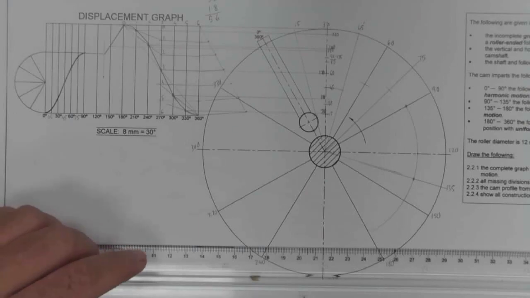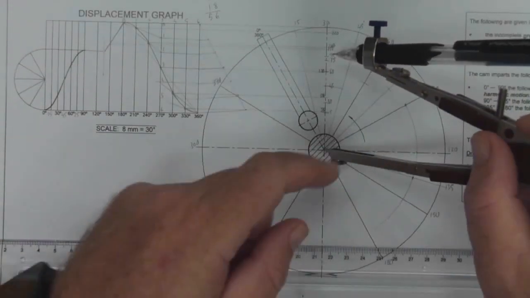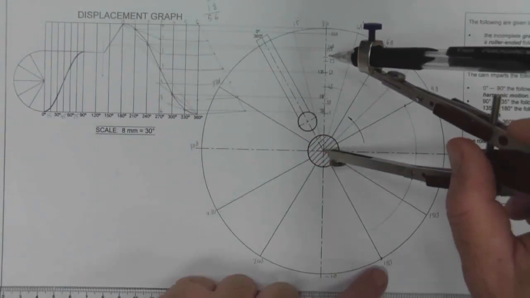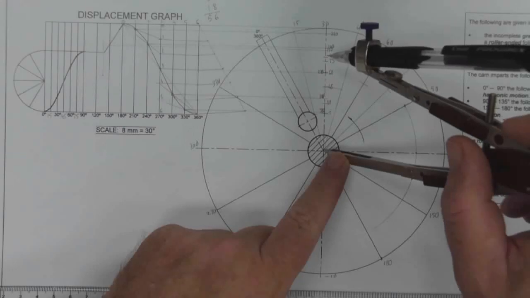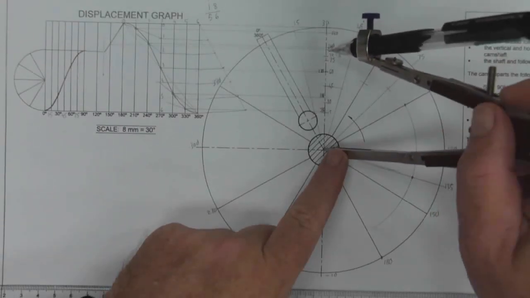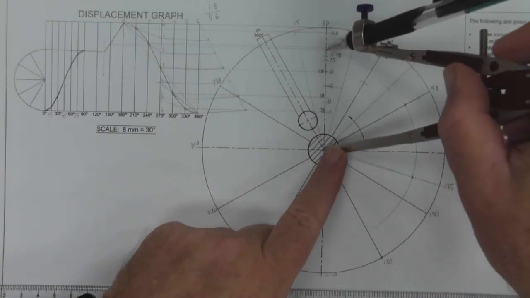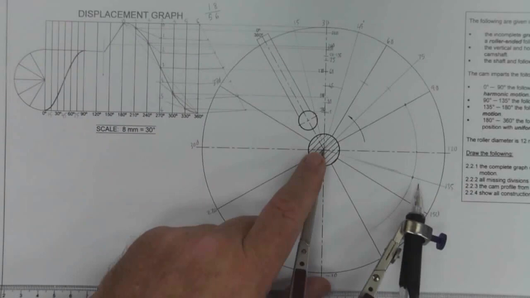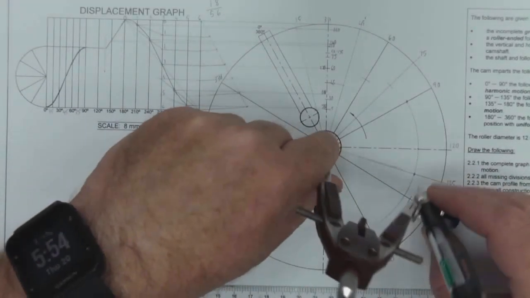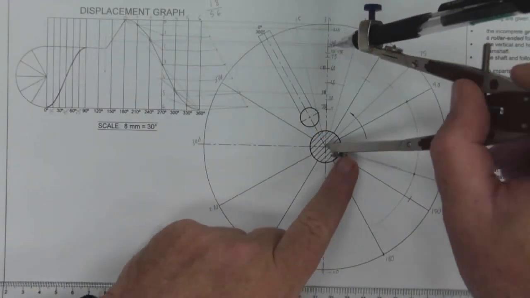So transfer those points across to where we need them. So I know there was 180. I needed to take across 150. There was 150. 180 is at the edge here.